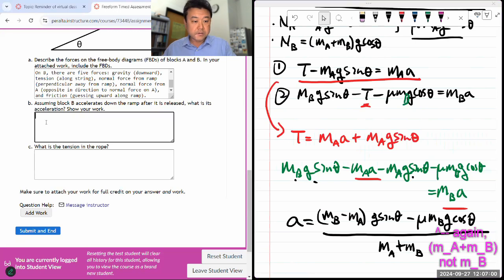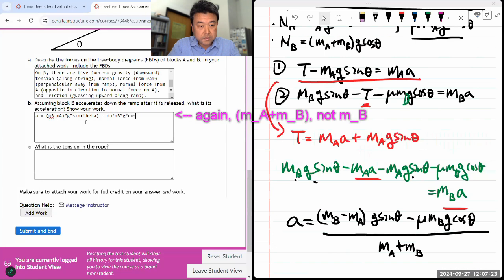So I had to say here, acceleration is equal to, and there are no numbers to plug in, so I just type in this whole expression. And so minus MA. And as long as MB is greater than MA, yeah, your acceleration will be positive. G times sine theta minus mu times MB times G times cosine theta.